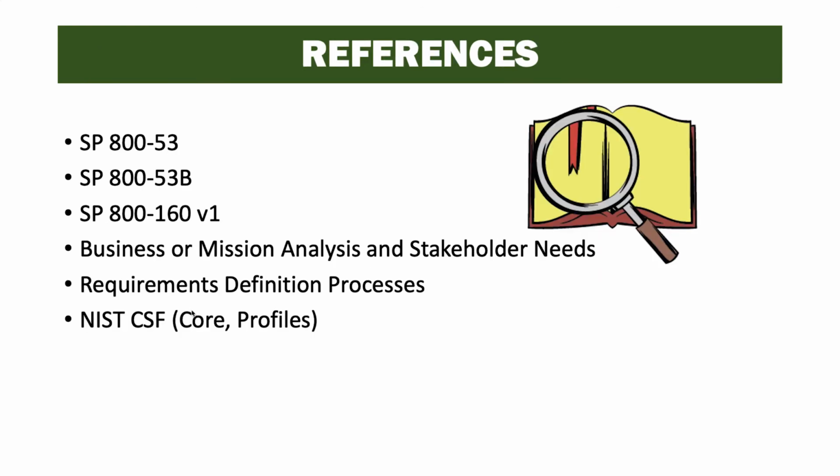References to this topic are Special Publication 800-53, Revision 5, Special Publication 800-53B, which at the time of this recording is still in draft, Special Publication 800-160, Volume 1, Mission or Business Analysis and Stakeholder Needs and Requirements Definition Processes, and the NIST Cybersecurity Framework Core Profiles.